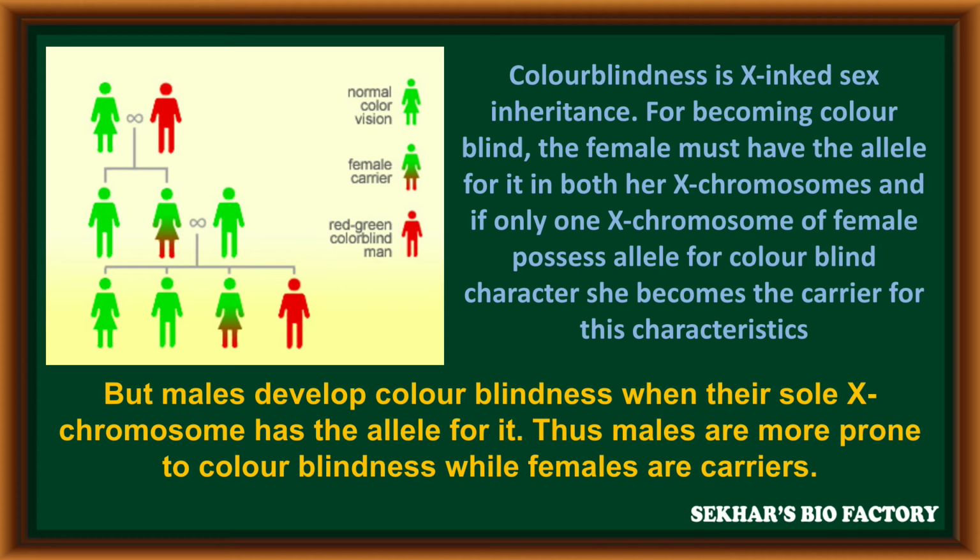But a male develops color blindness when his sole X chromosome has the allele for color blindness, and males are more prone to color blindness while females act as carriers. But a female also becomes color blind if both X chromosomes have the defective allele.